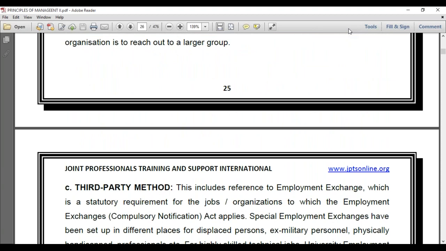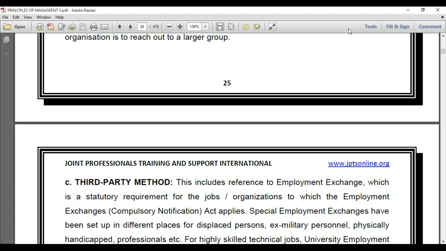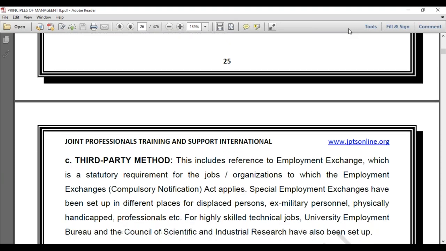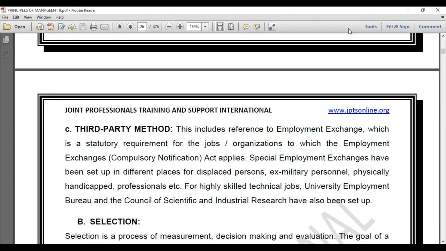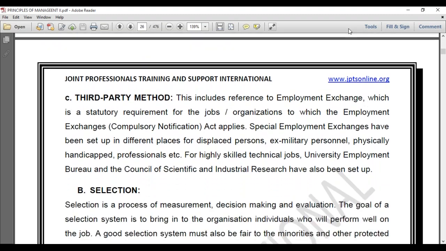You don't know them, you have publicized that you need people, so members of the public will now put in their application. We also have the third-party method of recruitment. Under this third party, it requires reference to employment exchange, statutory requirements, job organizations, and so on.